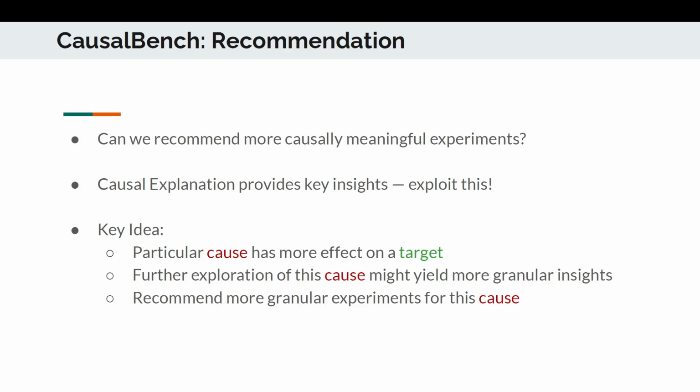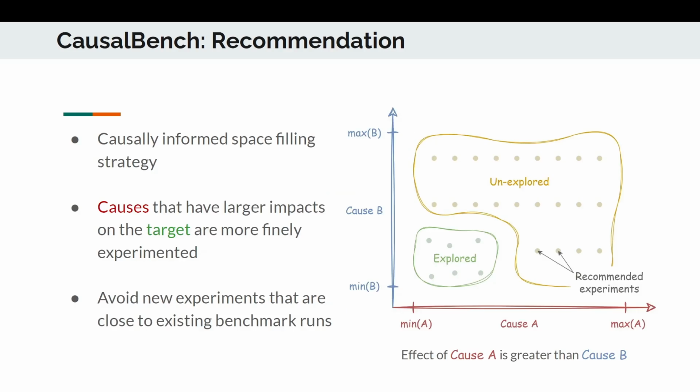With the causal explanation, we know that a particular cause has more effect on the target variable, and if we explore this cause, we may learn more. Those goals create the basis of our causal recommendation feature.